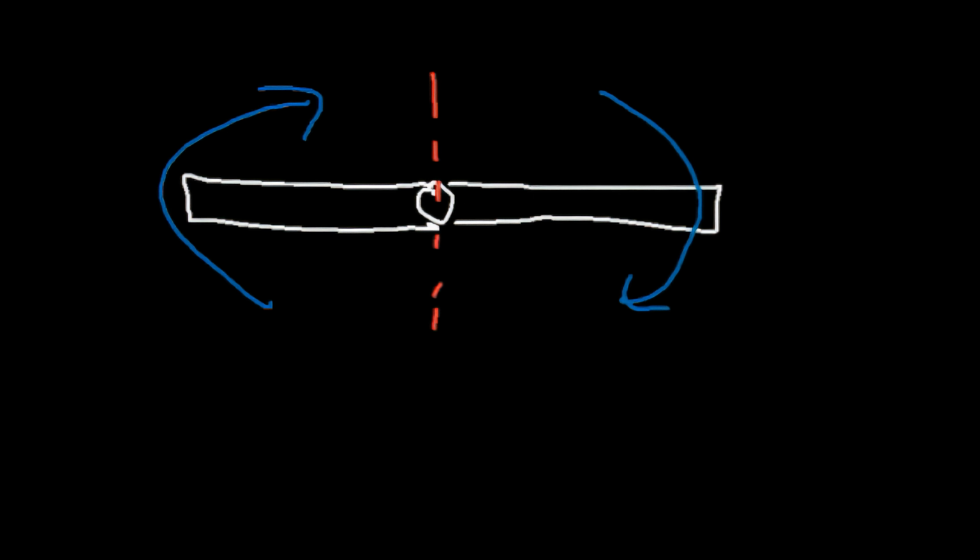Now let's say we have an object, and let's say this is the axis of rotation. It can rotate this way, it can rotate that way, or this way. Let's say it's free to rotate about the center.